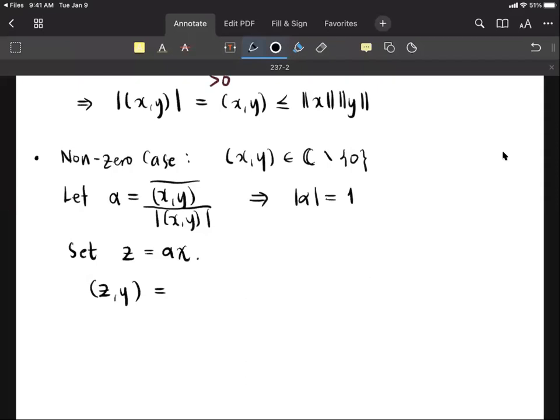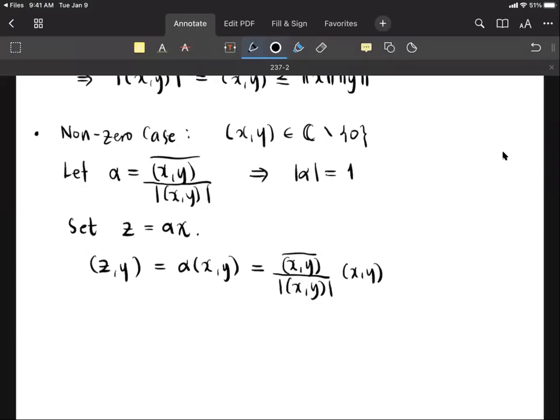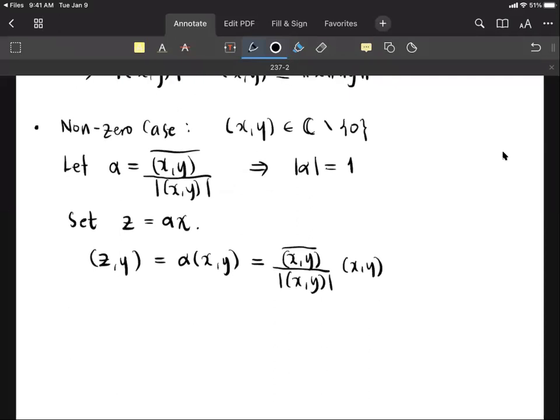This is the same as alpha times the inner product of x and y, okay, by the first property. And then plugging in the definition of alpha, you end up with this equation.